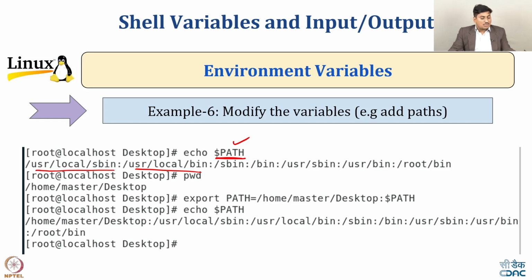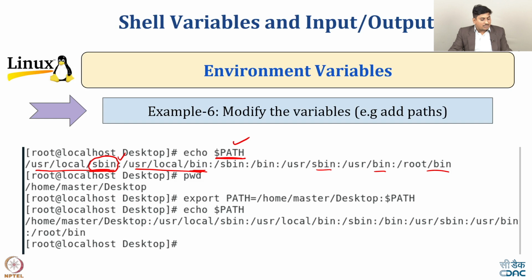So here you can see that by default the system uses the binaries from the sbin directory, like system binaries, then the user binaries, different locations, all the binaries have been set. And let us say I want to add the path of one of my applications' binaries as well.